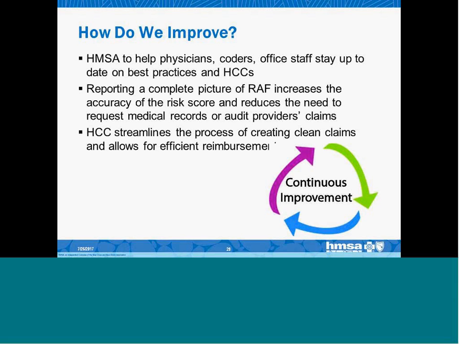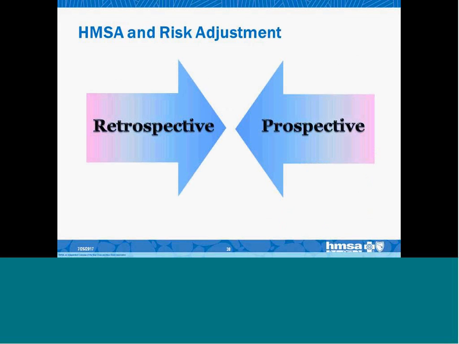You may have noticed the suspect condition codes on your COSEVA display. This is another opportunity for physicians to identify possible diagnoses that may affect their patient's risk score. HCC streamlines the process of creating clean claims, and it allows for efficient reimbursement. HMSA will be taking a two-pronged approach to improving risk scores, retrospective and prospective.